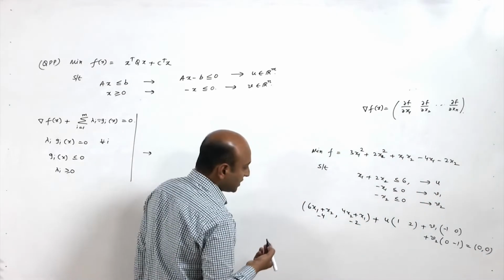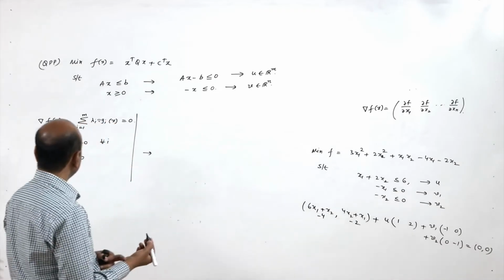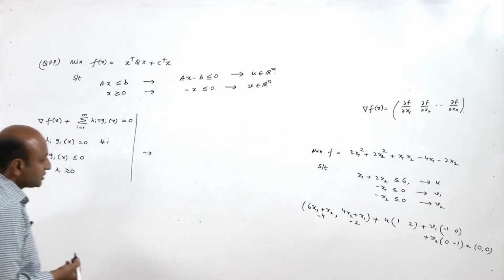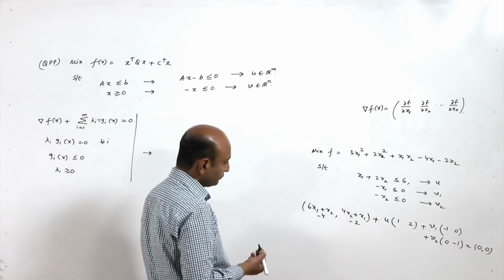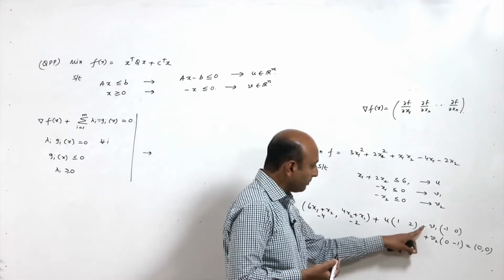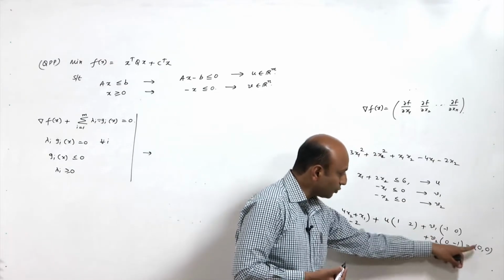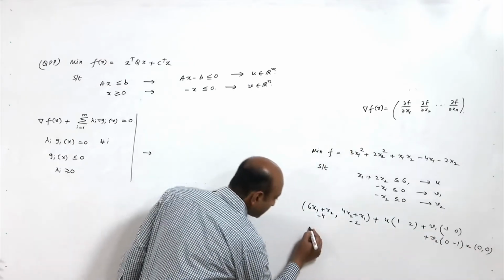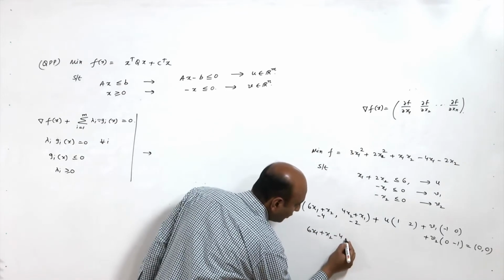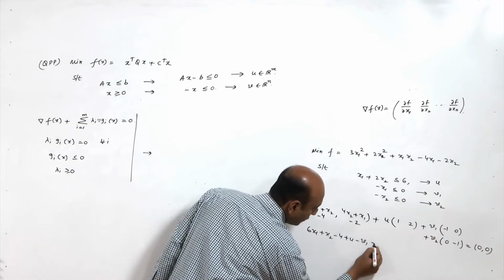So, what is the first equation? We obtain 6x1 plus x2 minus 4 plus u minus v1 equal to 0.